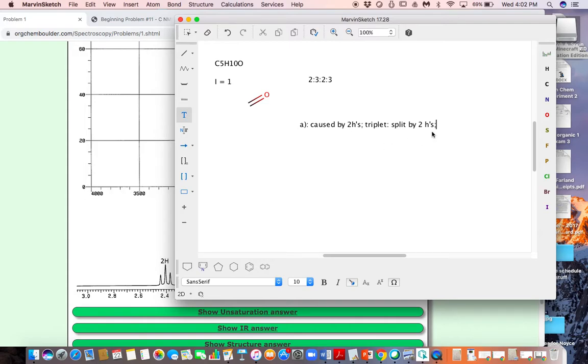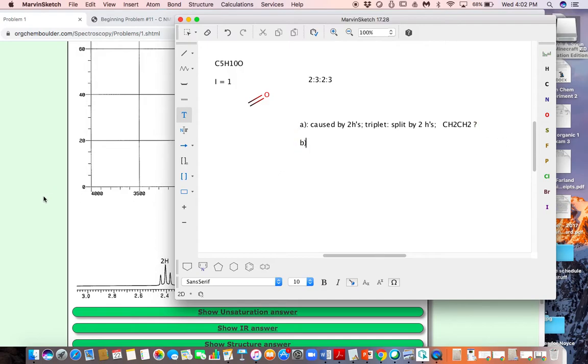So I'm going to make a little note here. I'm going to say we might have a CH2 in signal A, and that group might be next to another CH2 since it's split into a triplet. Okay, just a thought, but it's a possibility.